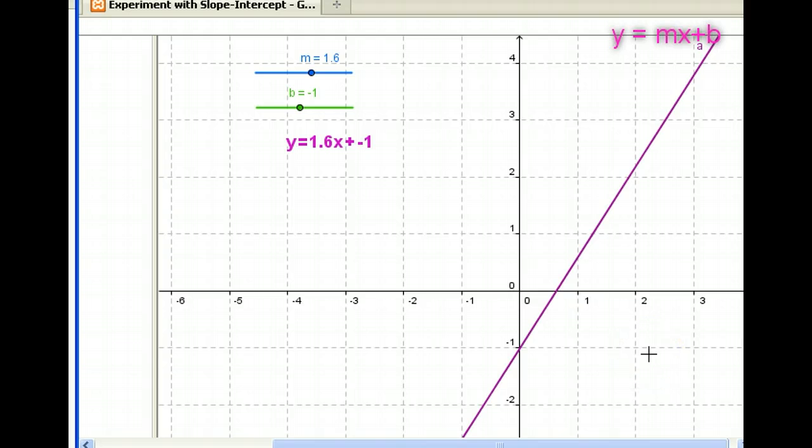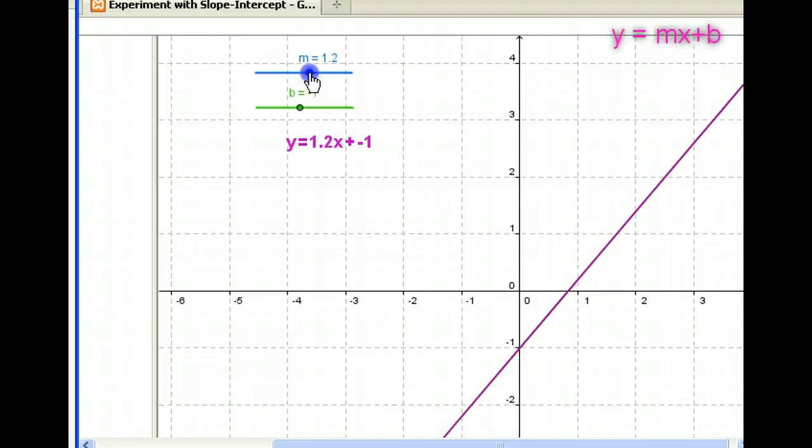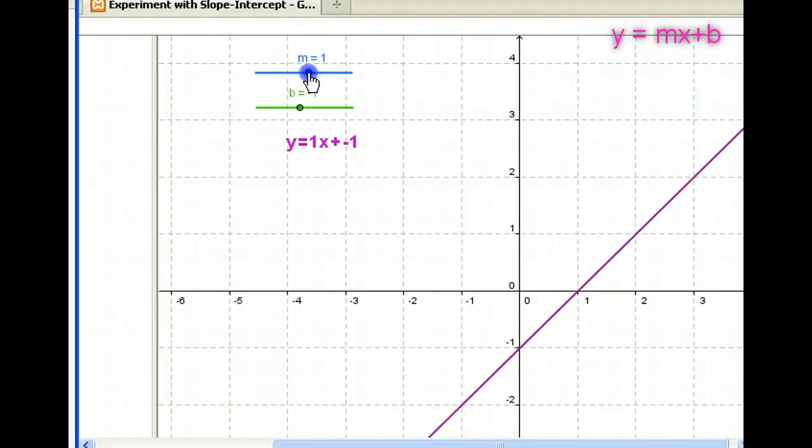Now so far I've been showing you by changing the y-intercept only. Now I can also show you by changing the slope. If we change the slope for the same y-intercept, what would happen? Now if I make the slope smaller, you see the graph is changing.